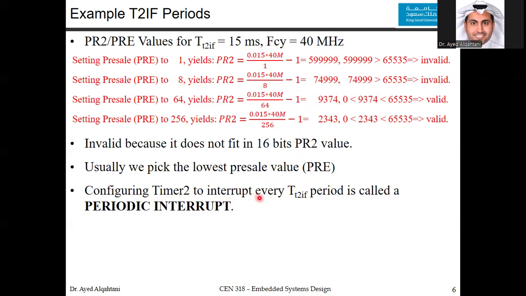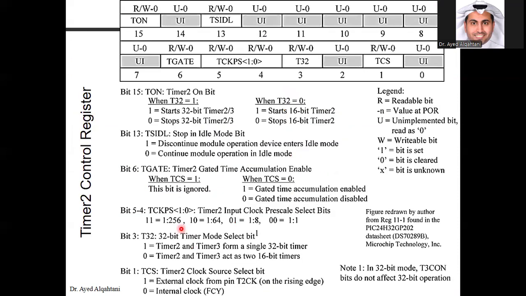So it gives you the interrupt, resets the timer, starts from 0 again, and counts until you reach 9,374 ticks, and again and again and so on. So we call it periodic interrupt. And we will have more examples to understand these results.